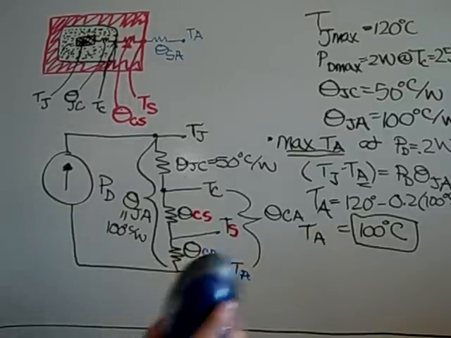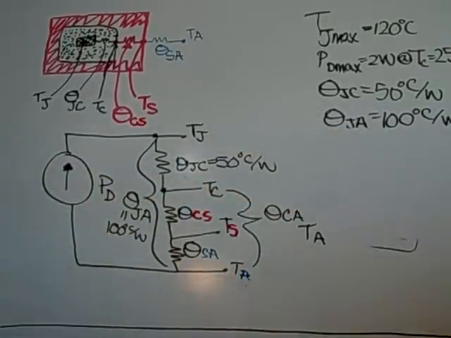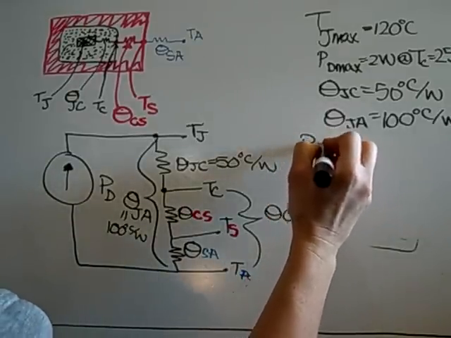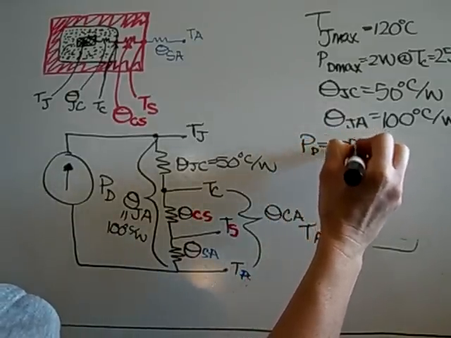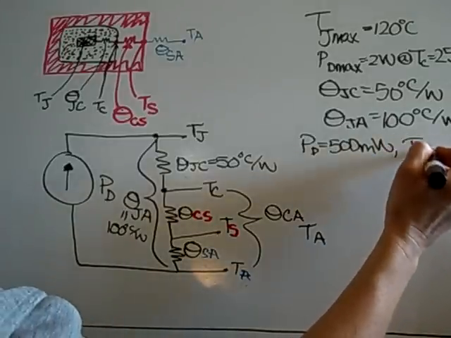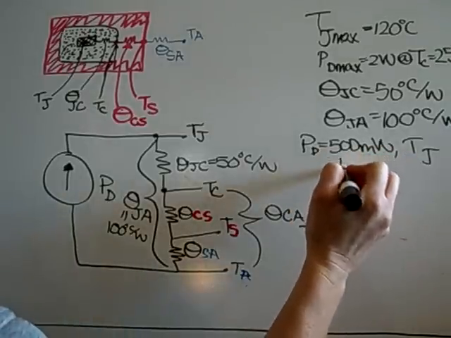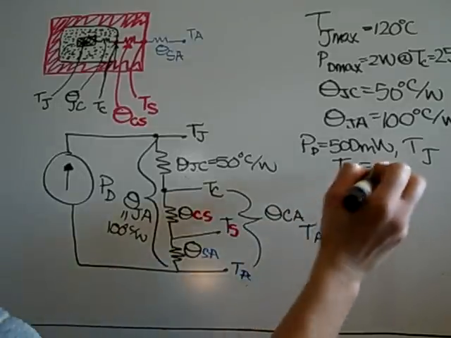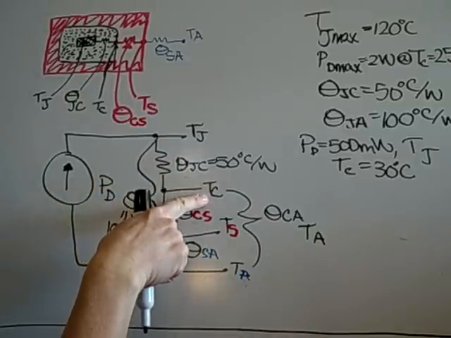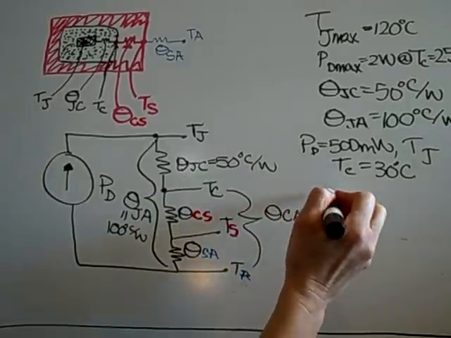Another question is, what is the junction temperature when the transistor dissipates 500 milliwatts? So the dissipation in that one would be 500 milliwatts. We want to know the junction temperature, TJ, when the case temperature is also 30 degrees C. We know this information, we'd have this fixed value, so in this case we just want to find TJ.